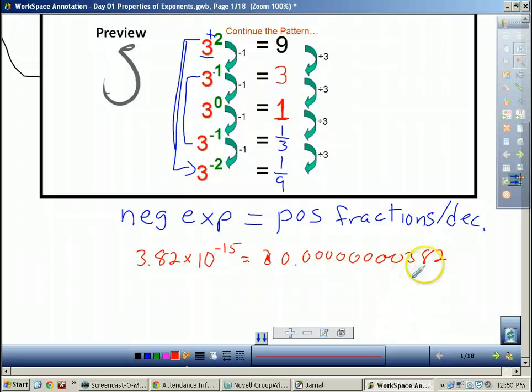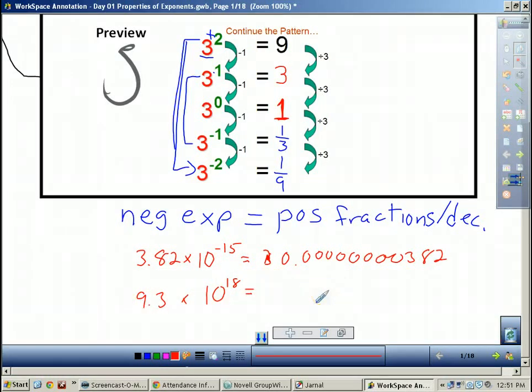It's like the width of a human hair, or the size of a cell, or something like that. So negative exponents are used for very, very small numbers. That's what they're for. You can also use positive exponents, for example when saying this planet is 93 quadrillion miles away.